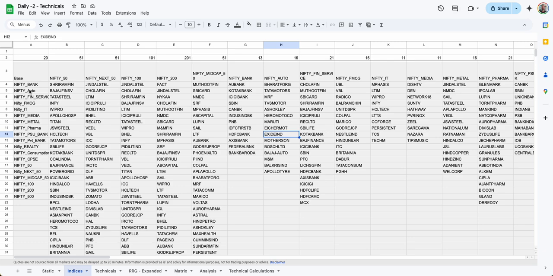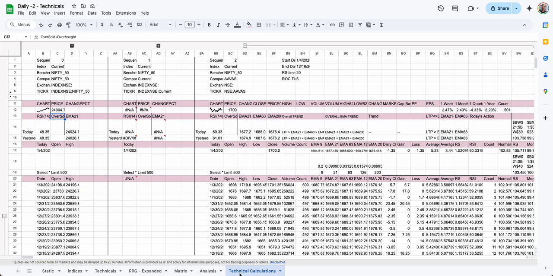Once I have this data, the way to calculate this is I have this calculation sheet wherein for each of the stocks within that particular sector, I calculate a bunch of technicals. In here, as you might see, I have the data from Google Finance. Post that, I have calculated the popular EMAs.